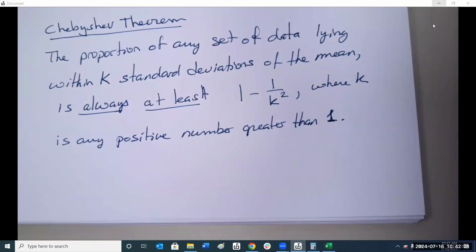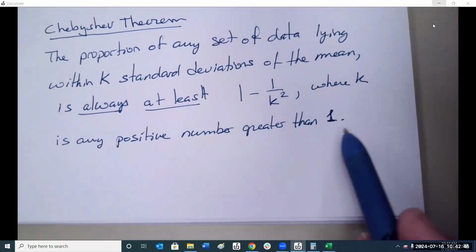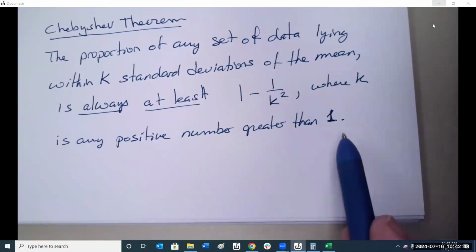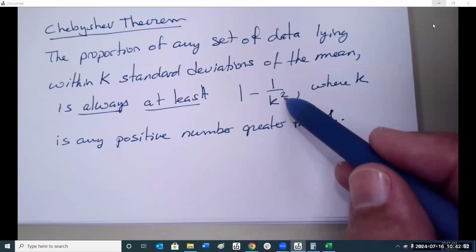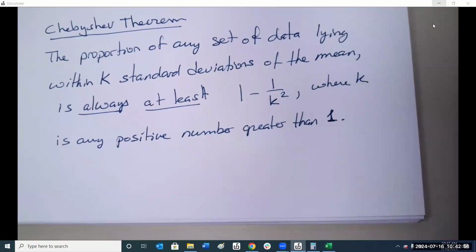Why does it have to be greater than 1? Because first off, it's a counting number. How many standard deviations do you have? 1, 2, or 3? So that's why it has to be a positive number. It can't be 0 because you can't divide by 0. So that's why it's any number greater than 1.